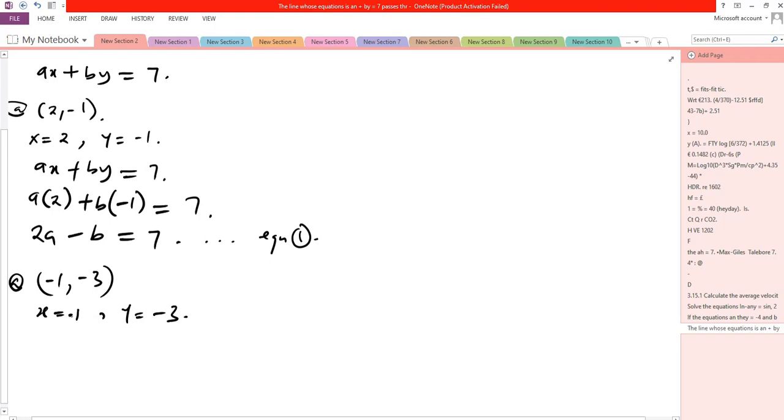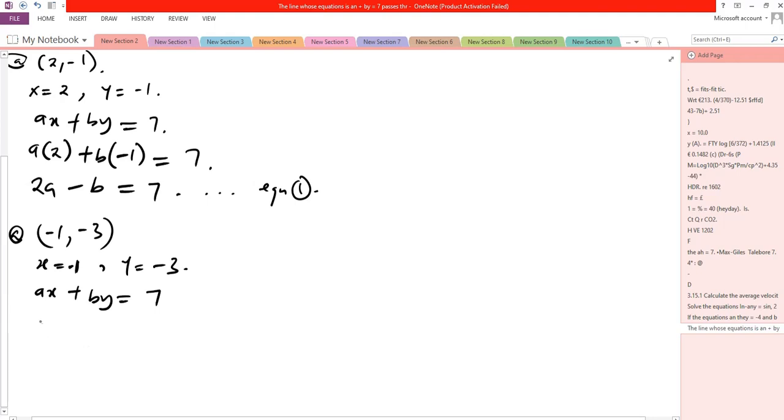So wherever we see x, we will replace it with -1. Wherever we see y, we will replace it with -3 in that equation. You have ax plus by equal to 7.